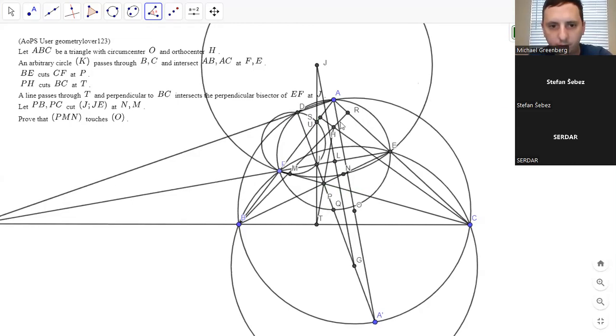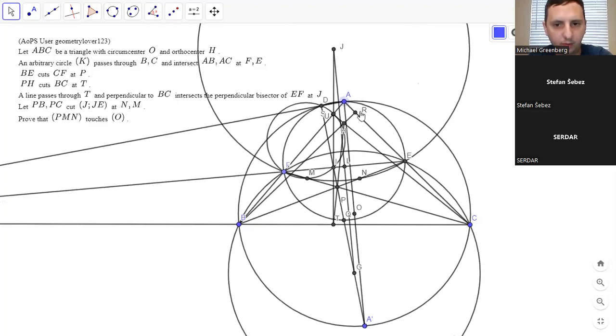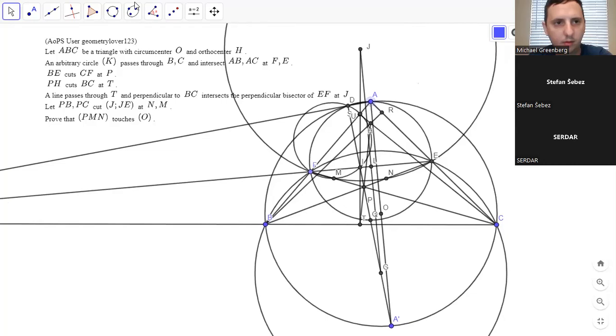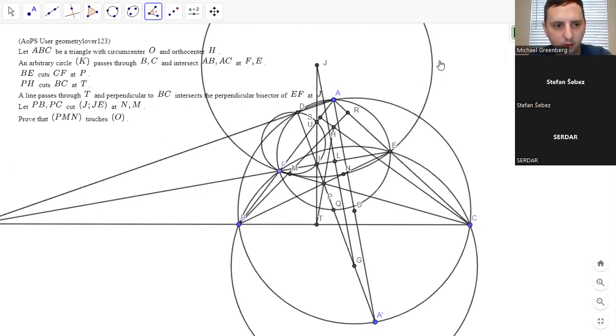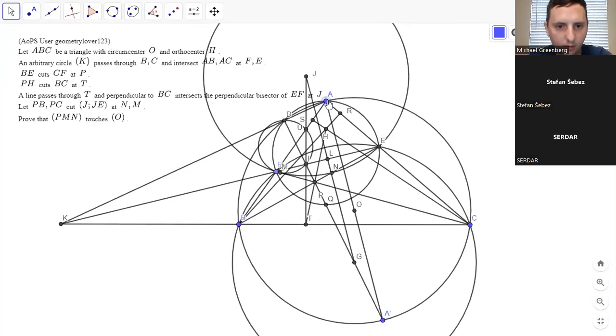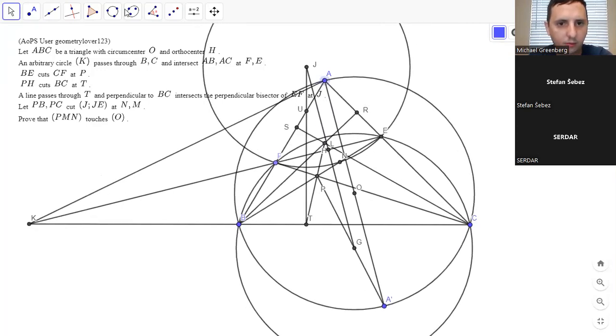I wonder if it accidentally did point F instead of point M. Like, what if I did? Let me just check. Oh, but I've got to see the other point to do it. Let's try this.